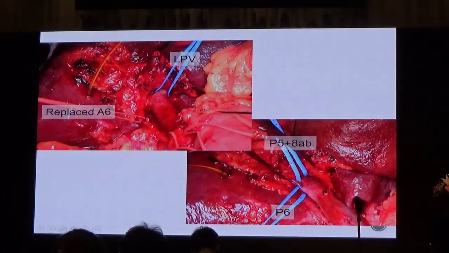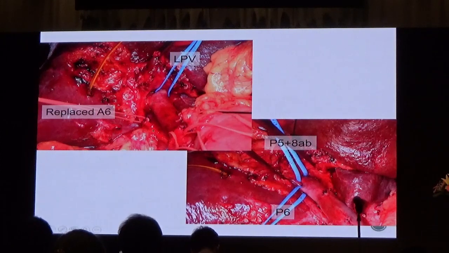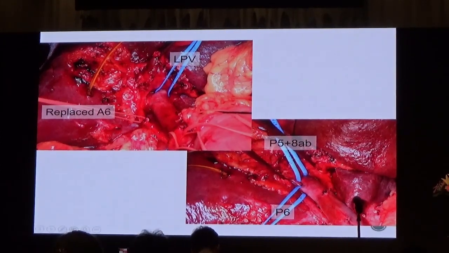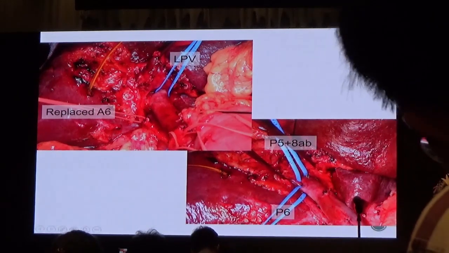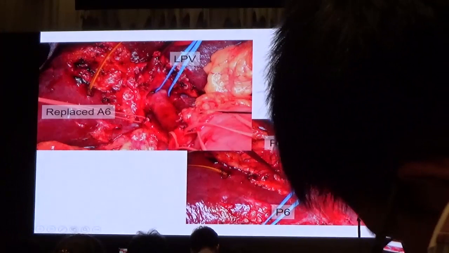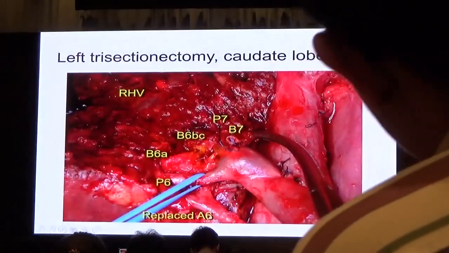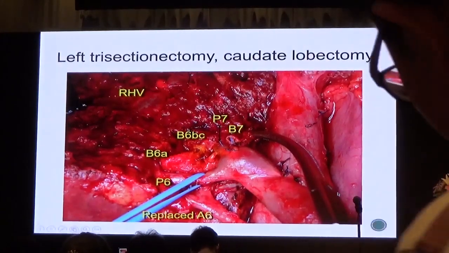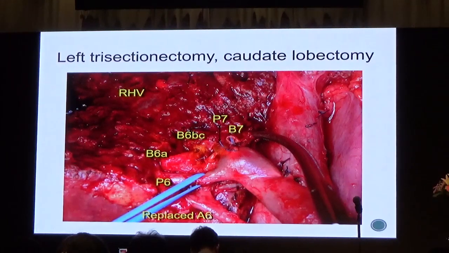Actually, the left portal vein could be isolated and taped, and the segment 6 replaced artery could be isolated and taped. The left portal vein could be divided, and the peripheral branch could be isolated and taped. And the left trisectionectomy could be performed.